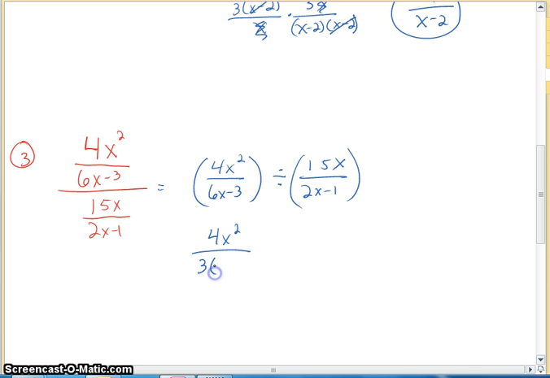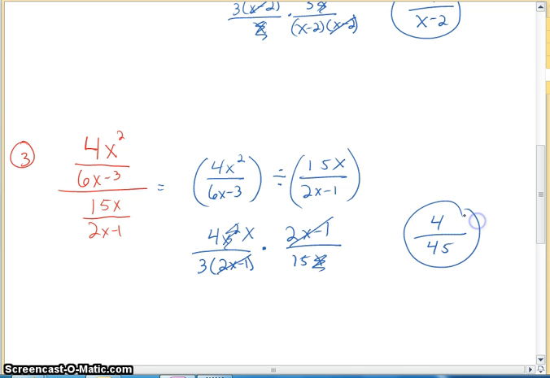So I'm going to factor out a 3, multiply by the reciprocal. So I have 2x minus 1 that gets reduced, an x squared, and an x. So there's 1x left. So altogether I have 4 over 45. And I'm done.